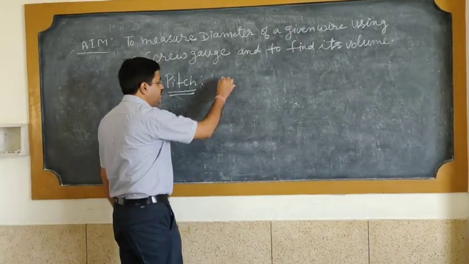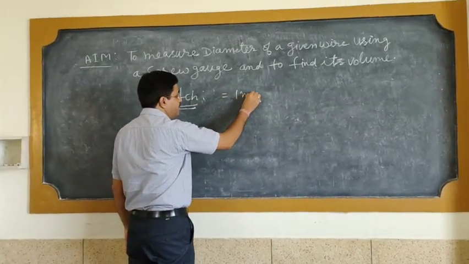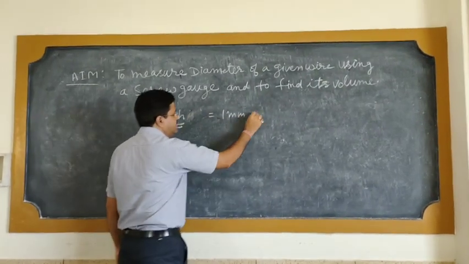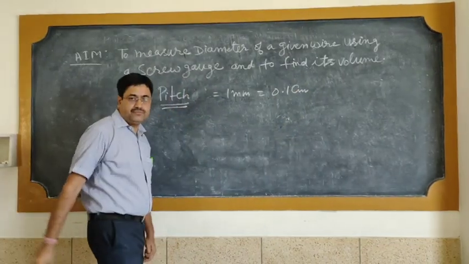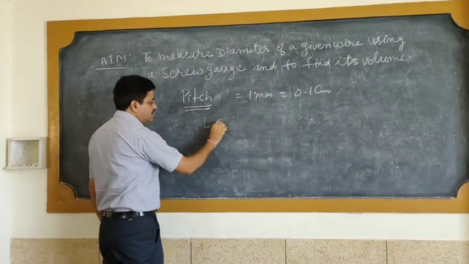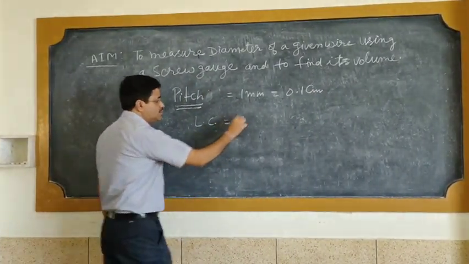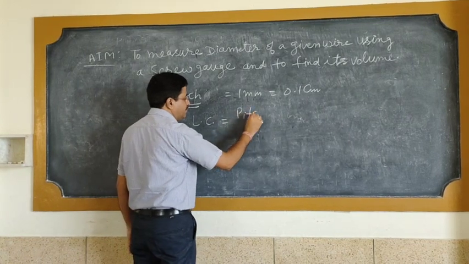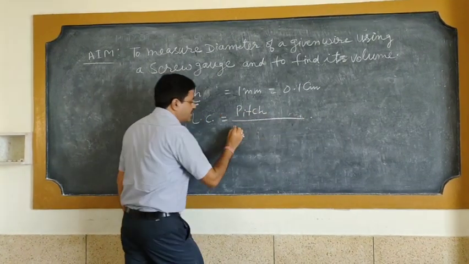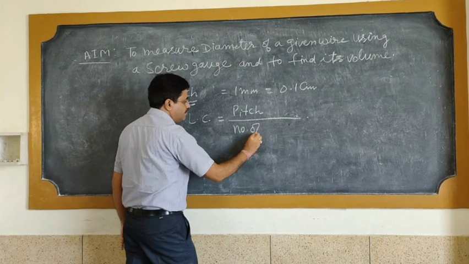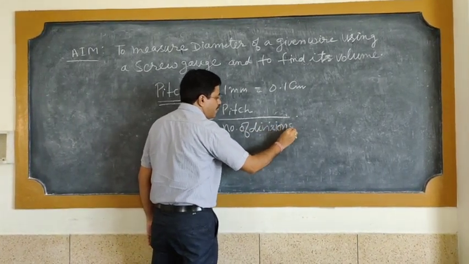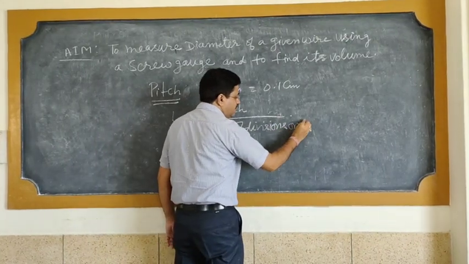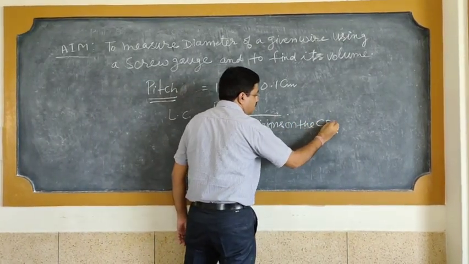We can write pitch equals 1 mm, or we can write it as 0.1 centimeter. And what is the least count of the screw gauge? Least count equals pitch upon number of divisions on the circular scale.